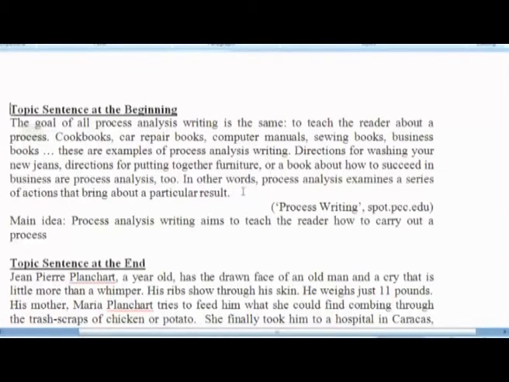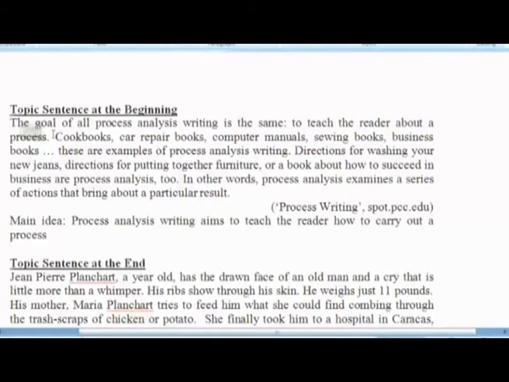So, you can see that this particular paragraph is about process writing. It explains what a process writing is. So, if you look at this paragraph and go to the very beginning, it says, the goal of all process analysis writing is the same, to teach the reader about a process.